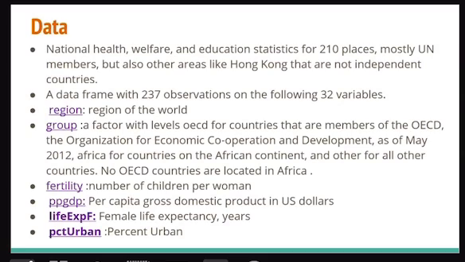Now, the data frame has 237 observations on the following 32 variables. There are a lot of variables, but we do not have time to incorporate all of them. But we are interested in, number one, group. Okay, one of the categorical predictors is going to be group. And what do we mean by group?